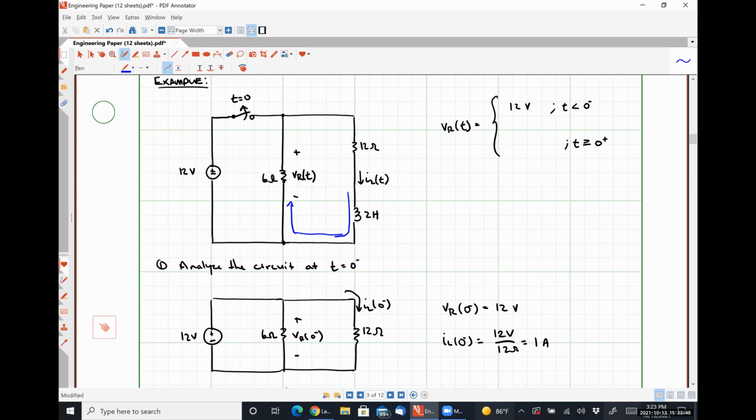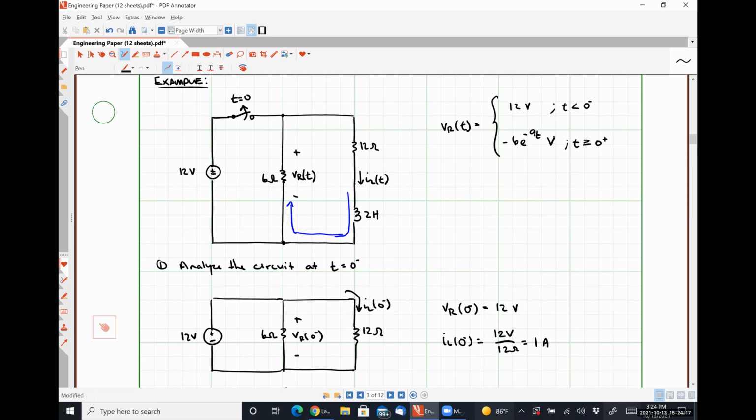Which is going to give us a voltage of negative 6 e to the minus 9t volts. We got that by using Ohm's law. Current flowing into the negative polarity terminal, V is equal to negative I times R. Nothing remotely new.